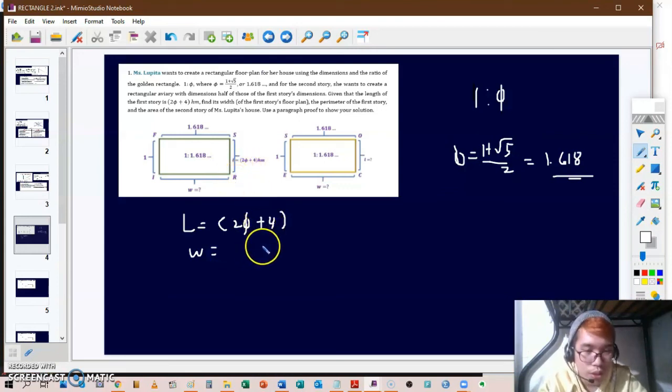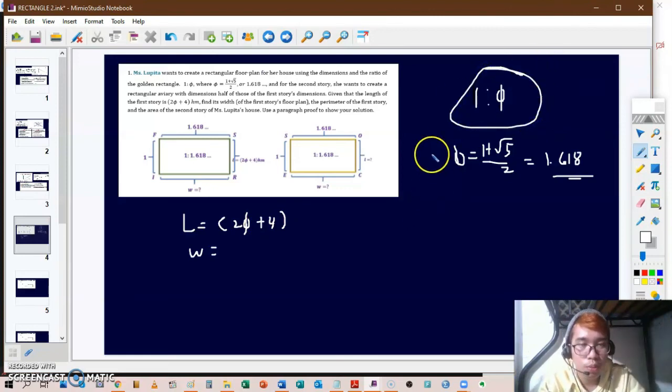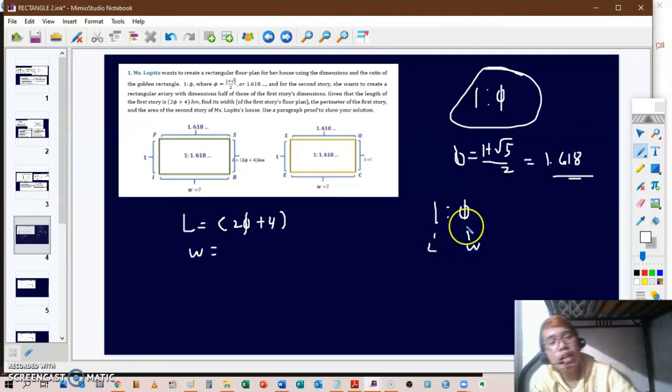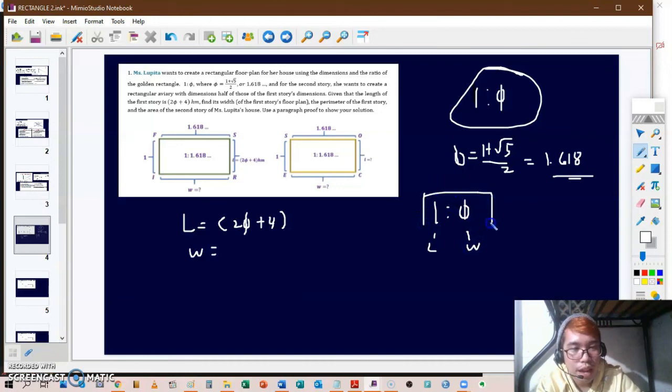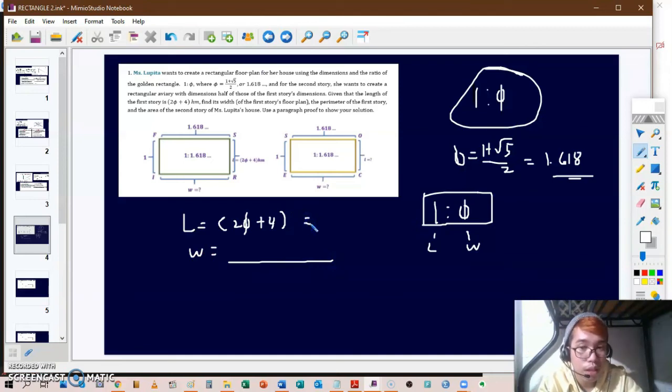So first, for this problem, we're given here this ratio. Take note of the ratio because it's the ratio for the length and the width. The length is equal to 1, and the width is equal to phi, of the first story of the house. Now we don't know the value of W, so first, we must try to solve for the value of L, or the length of the rectangle.